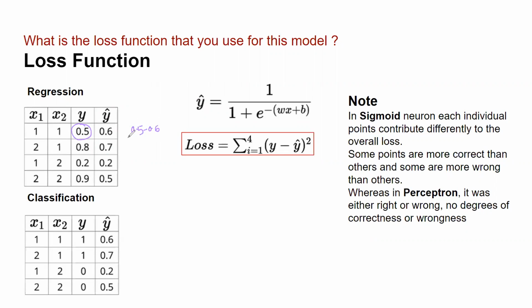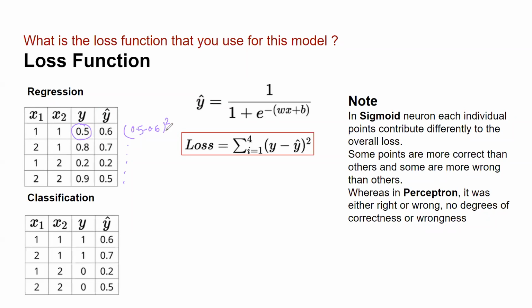The same will happen here also. Now, in order to improve the accuracy of my model, I need to have this y cap similar to my y. In that case, my loss will be 0.